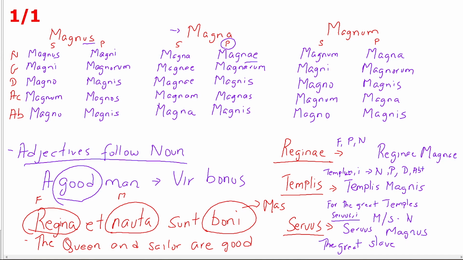So let's take fugitivus, fugitiva, fugitivum, which means fugitive. Take some time and solve this in the masculine, feminine and neuter.